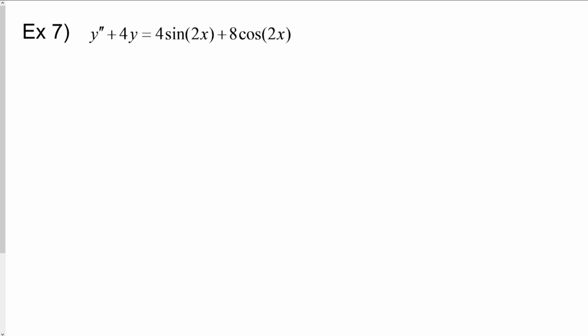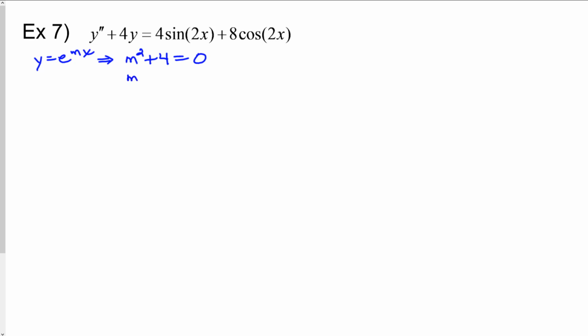Now this is another example of the method of undetermined coefficients that I wanted us to work so that we would again see what happens when we have an overlap. So the homogeneous part of this, we know if y is equal to e to the mx is the solution to the homogeneous, then we're going to get the auxiliary equation m squared plus 4 equals 0.